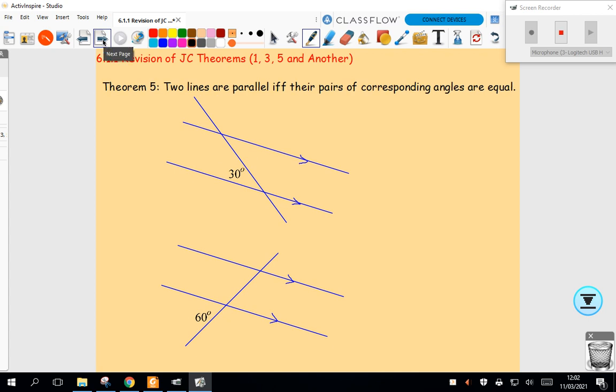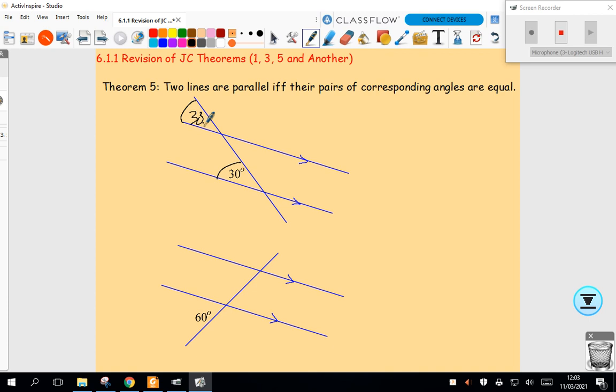Theorem 5, two lines are parallel if and only if their pairs of corresponding angles are equal. Notice these lines were given as parallel, so we conclude that their pairs of corresponding angles are equal here. So in this bunch, this is 30. This is the corresponding angle from this bunch, and that has to be equal because two lines are parallel if and only if pairs of corresponding angles are equal.